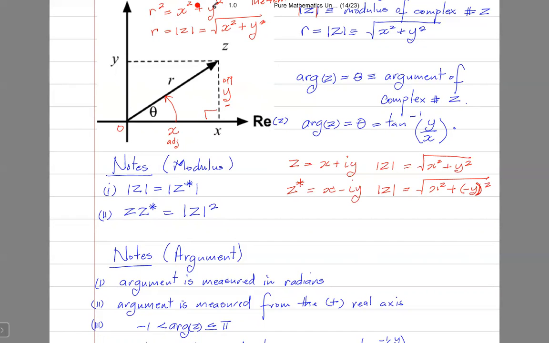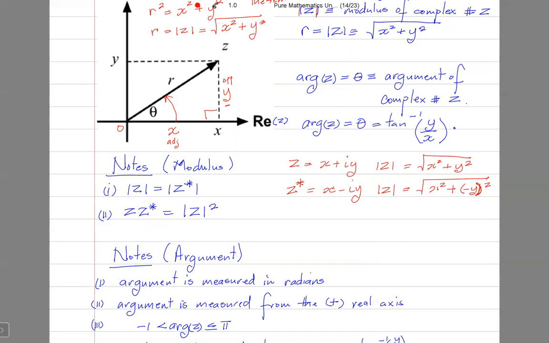Everybody should know that y squared and minus y squared is the same thing, because 3 squared is 9 and minus 3 squared is also 9. So these two things are equal.